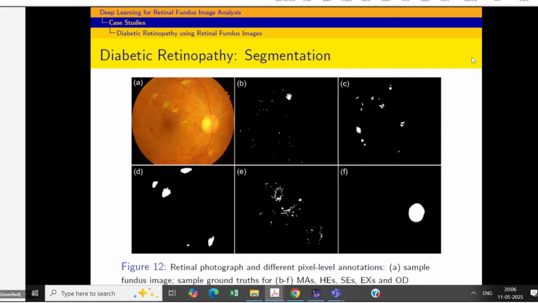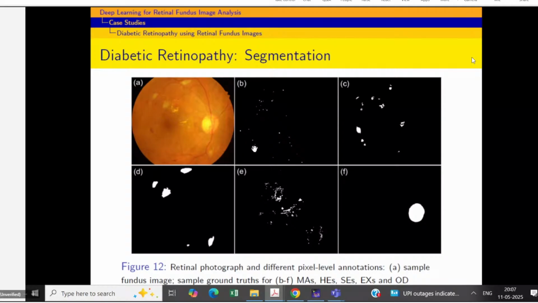Why is this problem so challenging? Can you tell me why? It's very, very difficult to identify. A single pixel sometimes will belong to the microaneurysm category. It is not like a tumor where you will find it. In the case of the optic disc, the size is pretty large compared to the size of the lesions or the pathological regions.